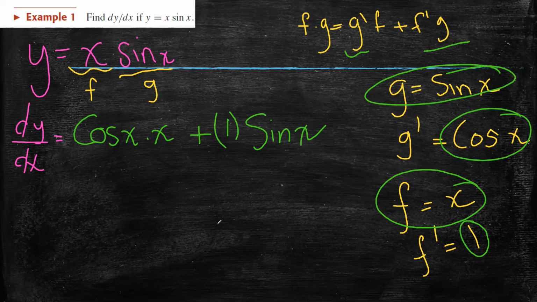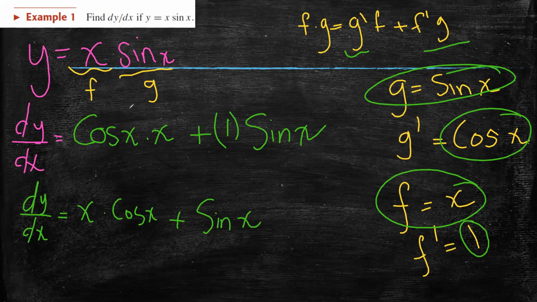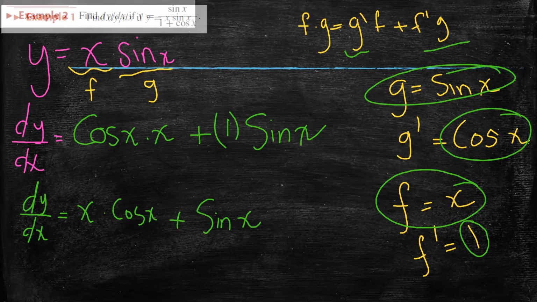Okay, so dy over dx will be x cosine x plus sine x. This is the derivation of x sine x. Is it clear? Yes. Let's find this one now.